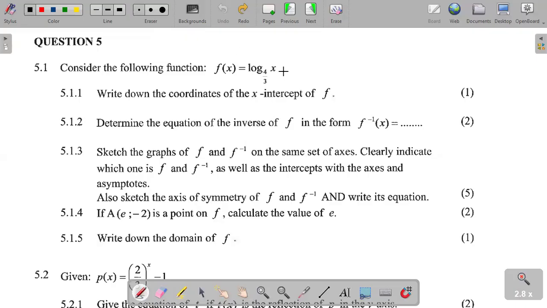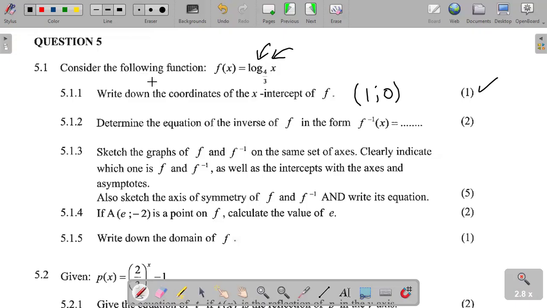So you should know your logarithms here. So it's just going to be 1 and 0. It's just 1 mark here. You don't need to do a long process. They expect you to be able to read from the function. You don't expect to do a lot of steps to get 1 mark.